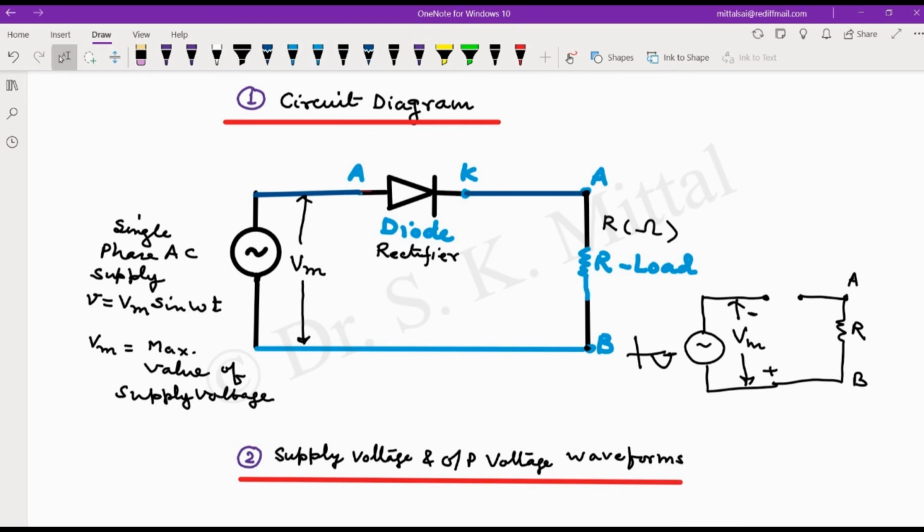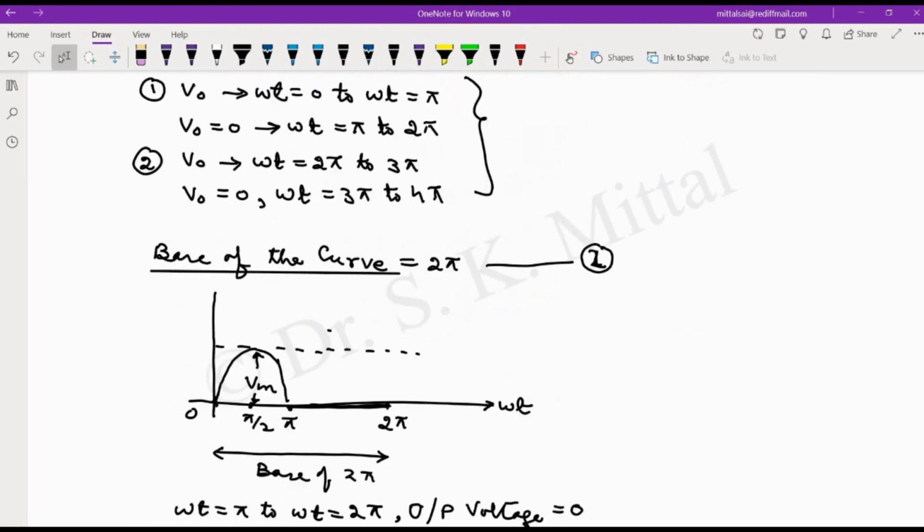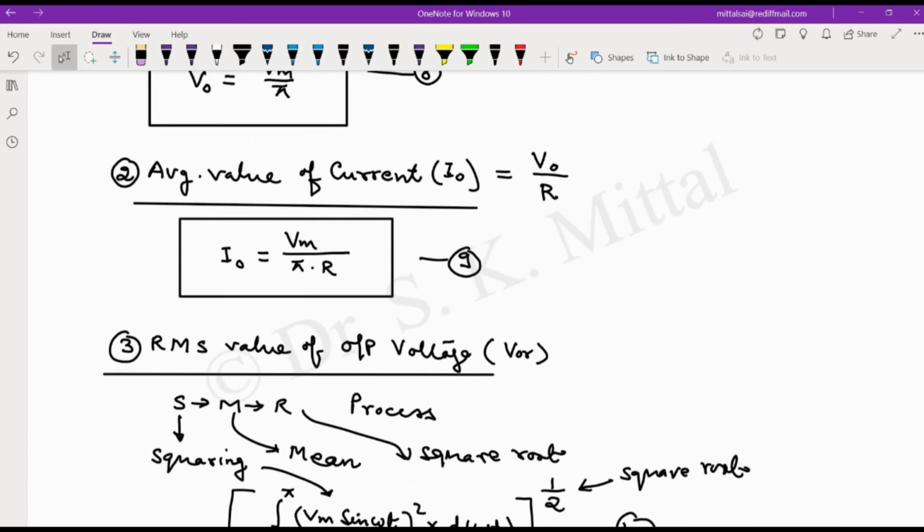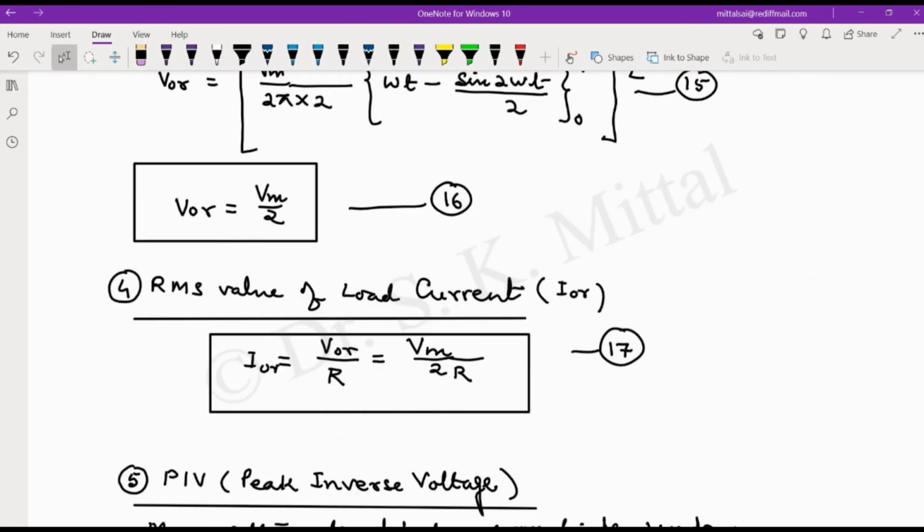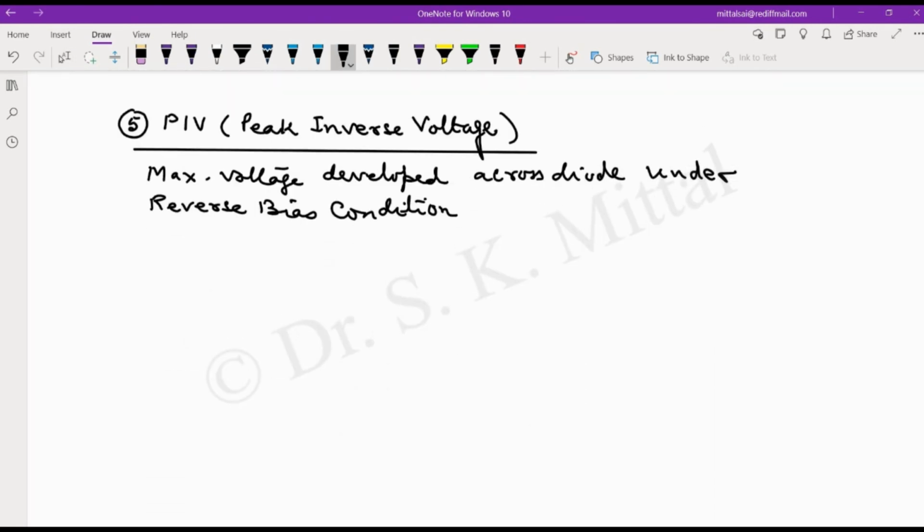See here how much voltage will be developed across this reverse biased diode, which is Vm. From this point to this point, the voltage will be developed across this reverse bias condition. So therefore, the peak inverse voltage, or maximum voltage across the diode under reverse bias condition, is equal to Vm.